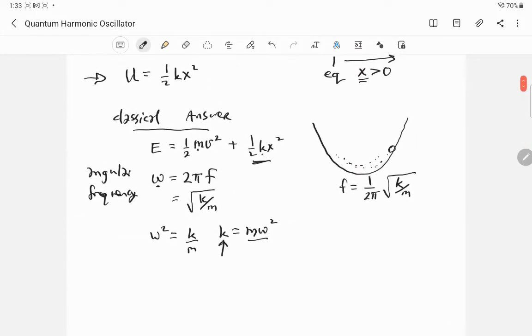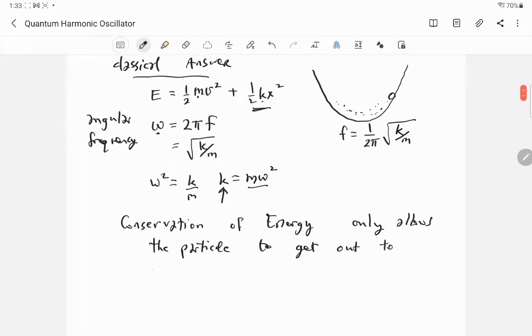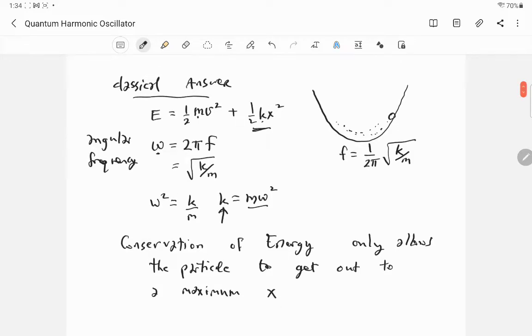An interesting thing to do is to remember that the conservation of energy only allows the particle to get out to a maximum position x away from the center.